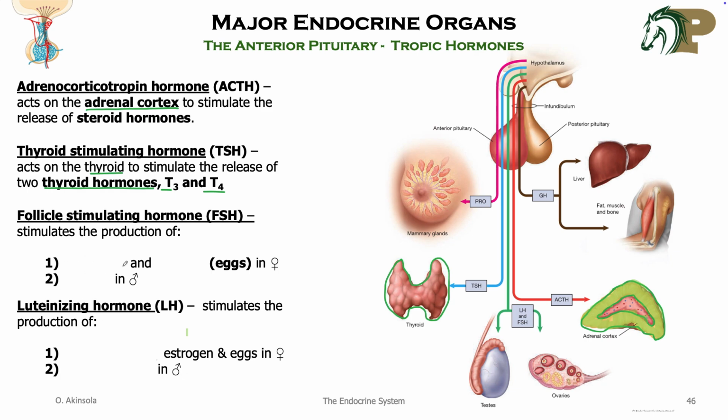And then we have our 2 gonadotropic hormones. Follicle stimulating hormone, FSH, will stimulate the production of estrogen and oocytes in females and sperm in males. So FSH is going to give you your estrogen and eggs in females and sperm in males. Luteinizing hormone, your other gonadotropic hormone, on the other hand, will stimulate the production of progesterone, estrogen and eggs in females, and testosterone in males.